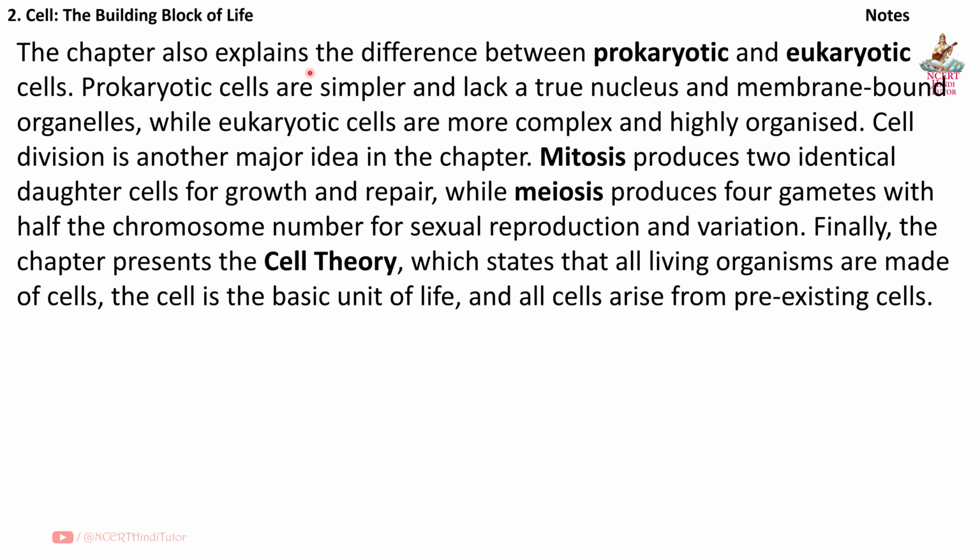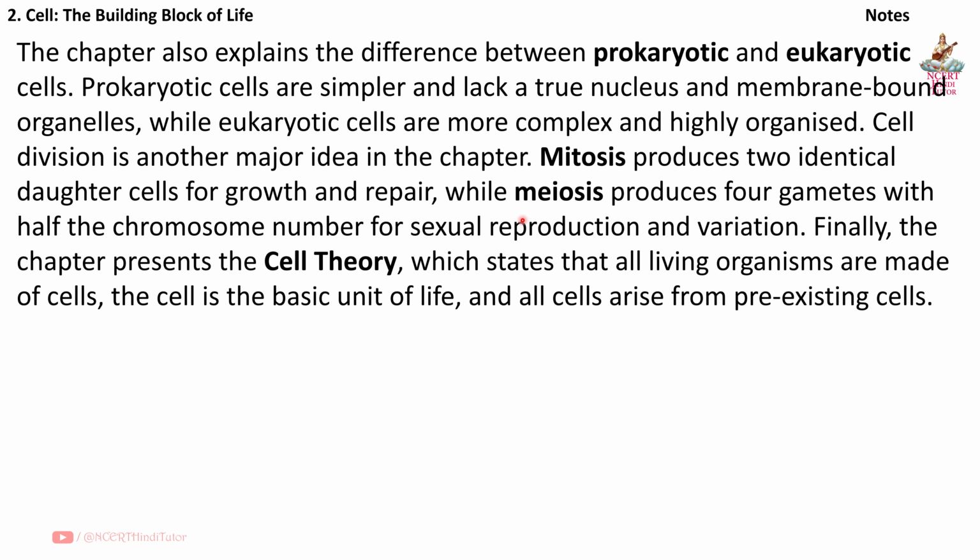The chapter also explains the difference between prokaryotic and eukaryotic cells. Prokaryotic cells are simpler and lack a true nucleus and membrane-bound organelles, while eukaryotic cells are more complex and highly organized. Cell division is another major idea in the chapter.